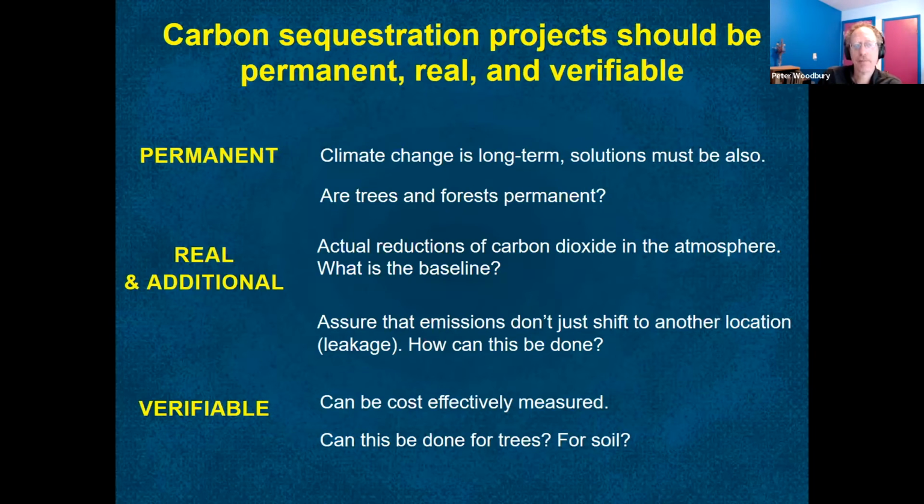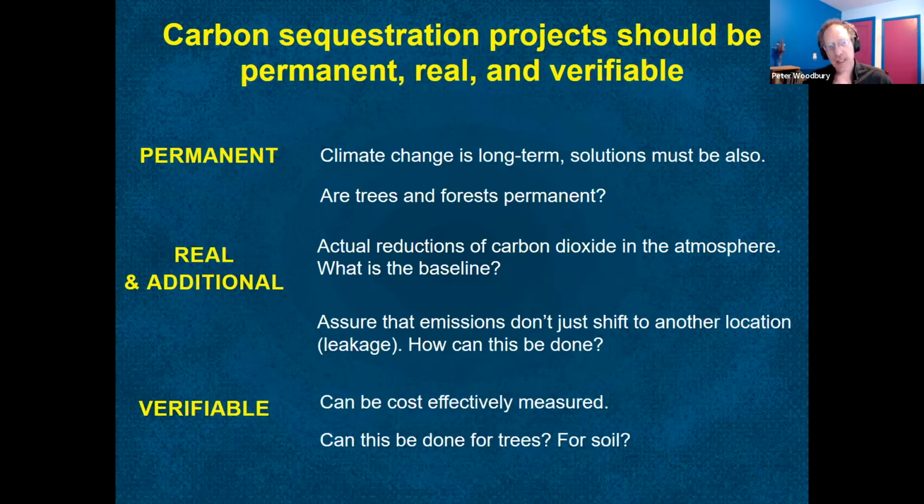We want it to be permanent or at least very long-term. Climate change is a long-term issue, so we also need solutions that are long-term. So think about that. Are trees and forests permanent? Well, I would say probably not, but if they're healthy, they can be very long-term in areas at least where you don't have frequent forest fires and that kind of disturbance.